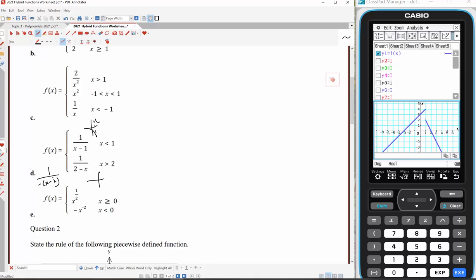It's been moved 2 to the right and reflected in the x-axis. That's what that negative sign does there. So that will be 2 to the right and reflected, meaning that will go to there and that will go to there. Alright, knowing that, let's just see if that helps us do our formal sketch now.